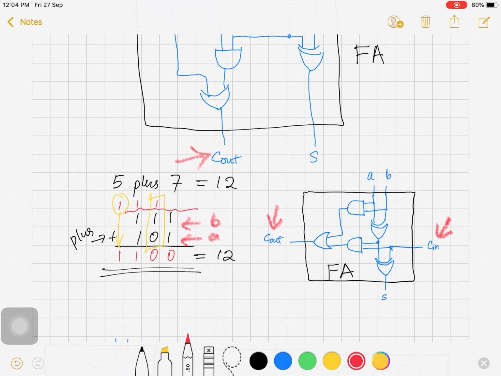So this is the same full adder. The only thing is I just redraw it in a different style, but they are totally the same circuit.